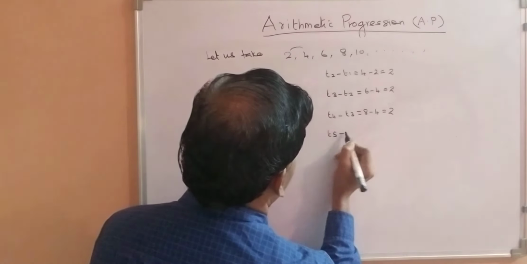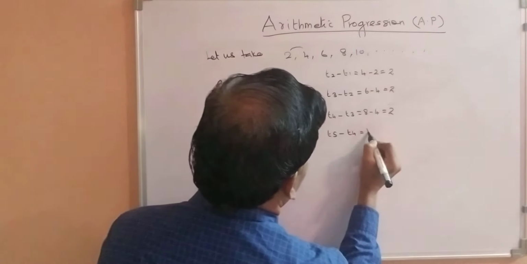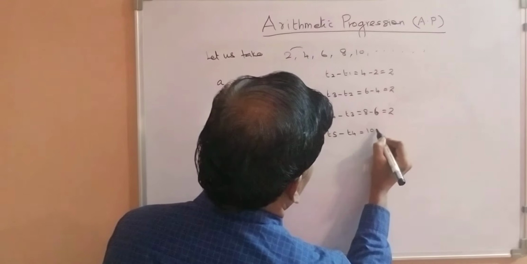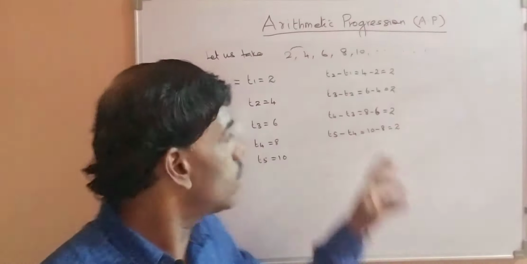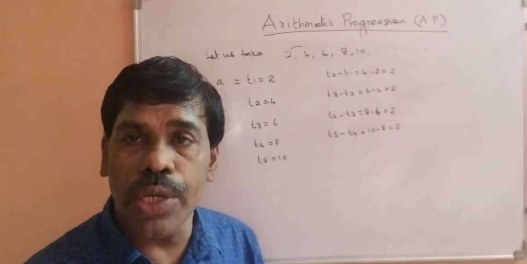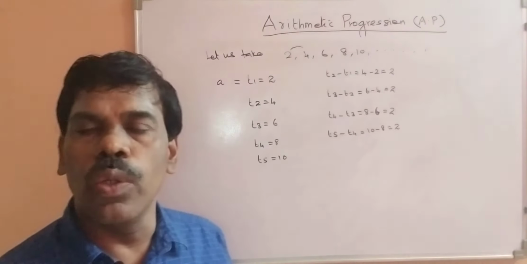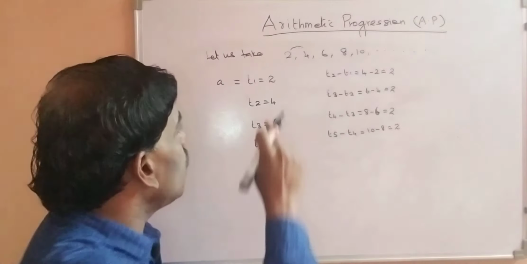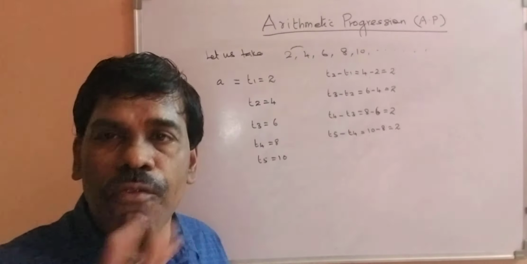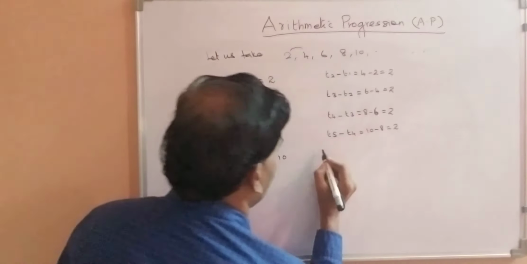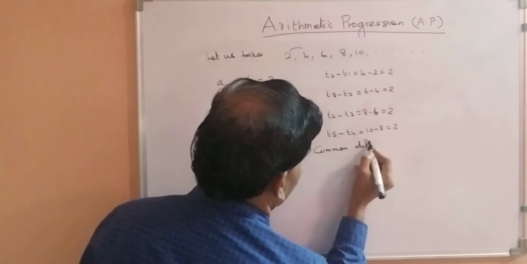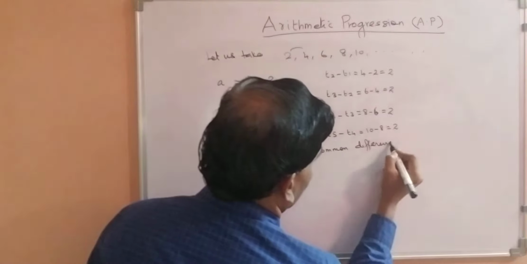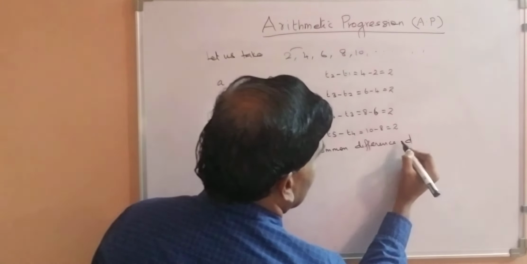What is T5 minus T4? 10 minus 8 equal to 2. Now look at this. The difference between any two consecutive terms here is 2. But here this difference is common everywhere. So, we call it the common difference. We call it D.